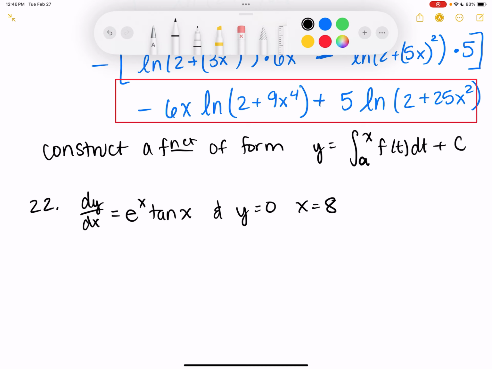So basically, whatever this y value is going to be the plus c part, and whatever x is going to be the bottom dimension or parameter on the integral.